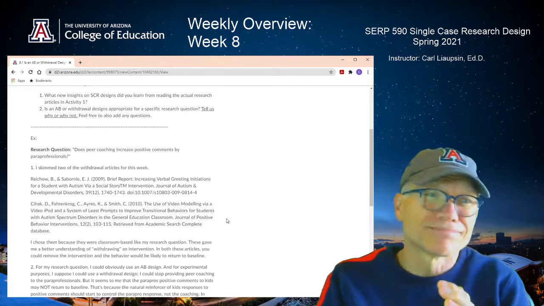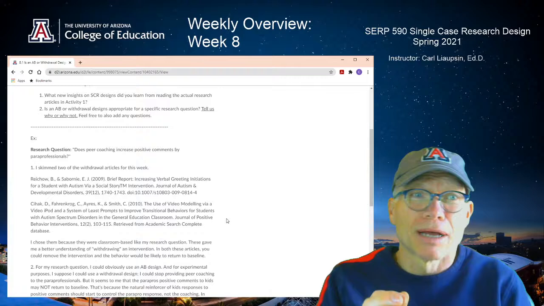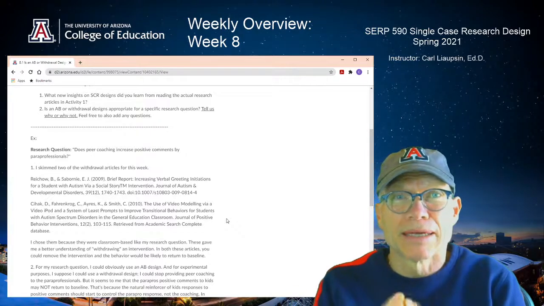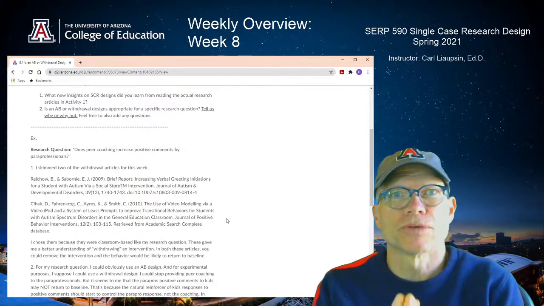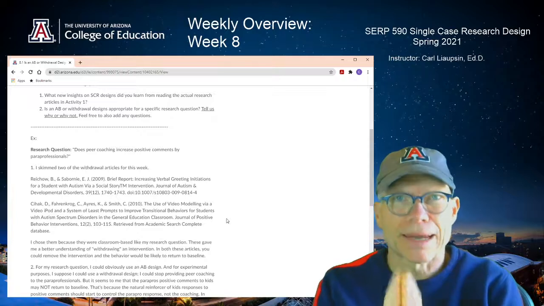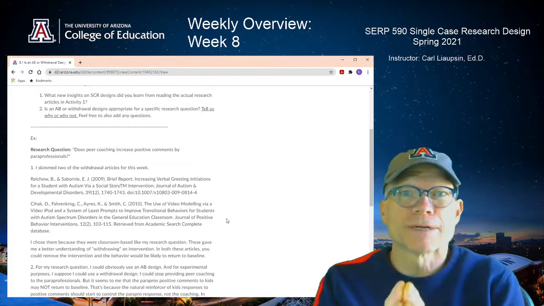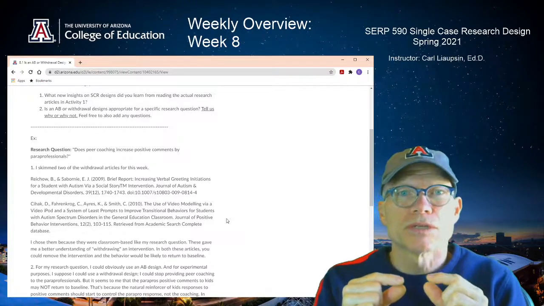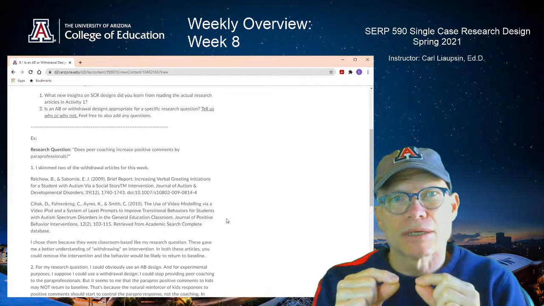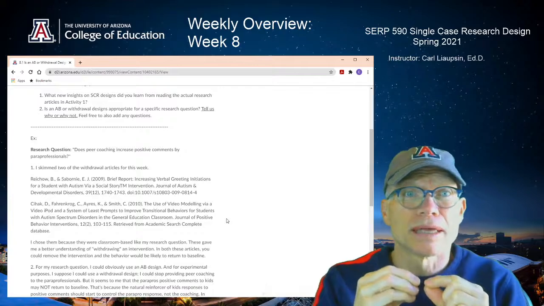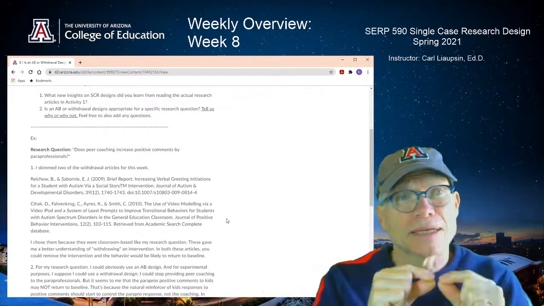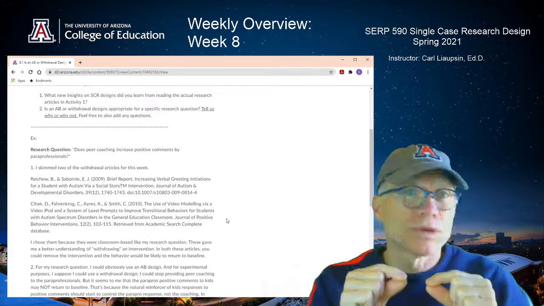But I don't want you telling me I would choose an A-B design. That's a great design to use if you were a therapist or if you were out in practice. But we're talking about research here, right? And so research means you've got to go beyond A-B. You've got to show that that change that happened from A to B wasn't just chance.